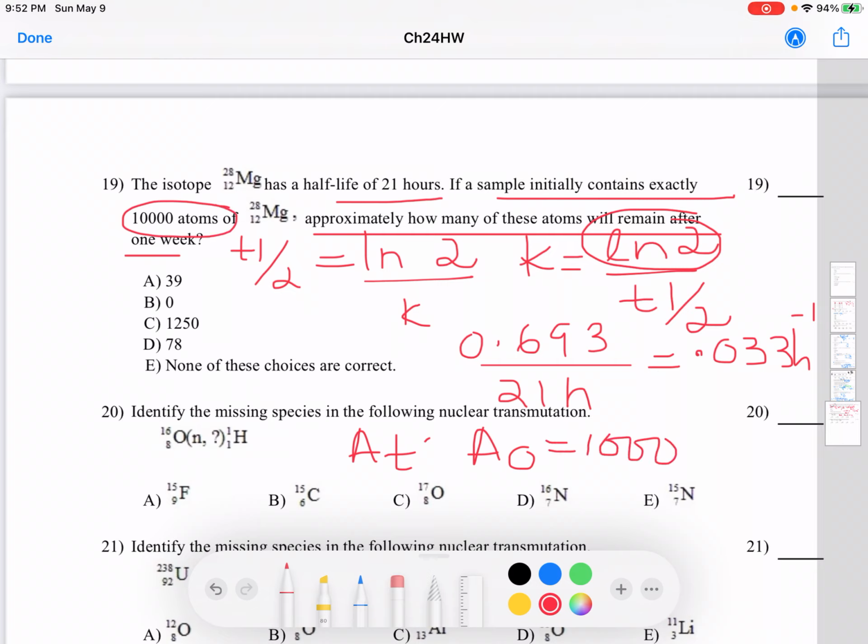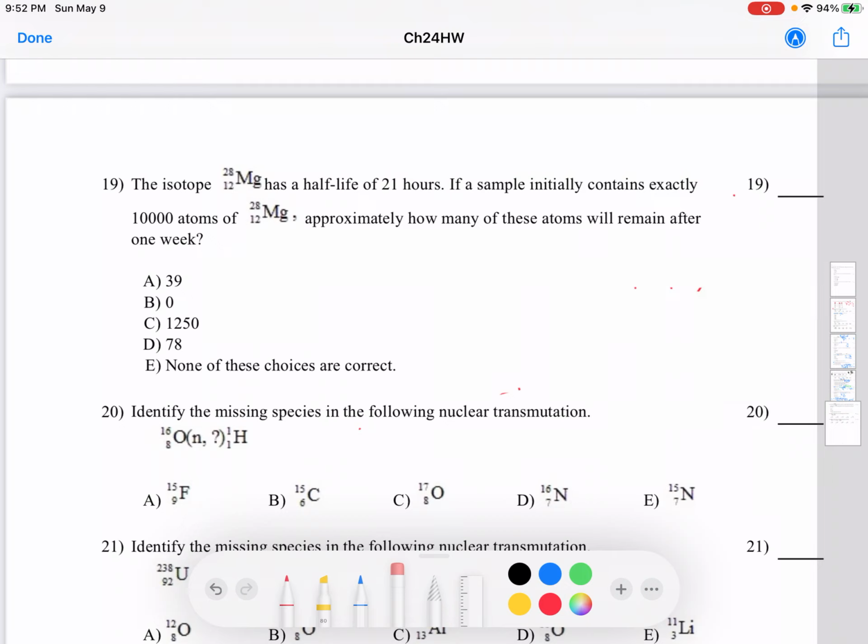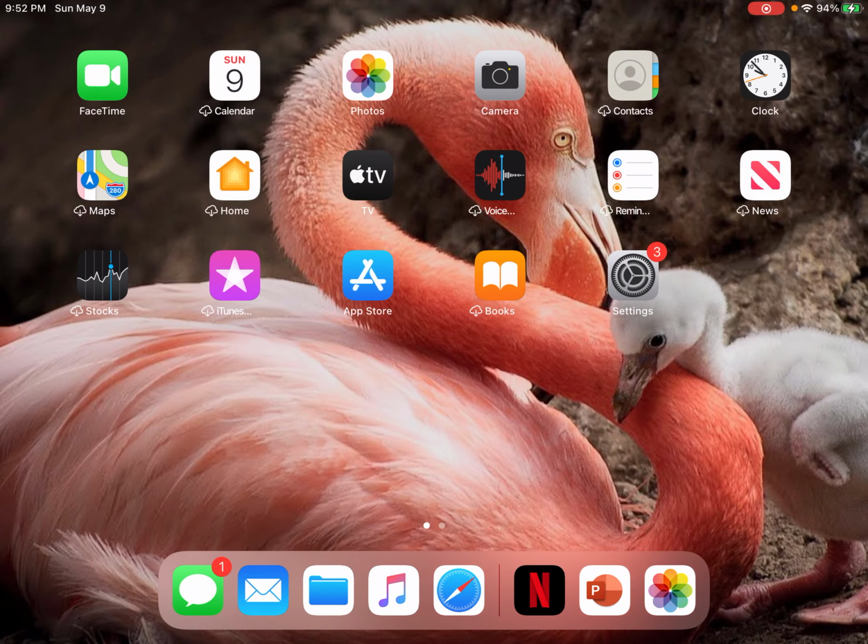What we want to find out is the At. Okay, so with that in mind, we can use the first order rate equation that I showed you. Which one do you think we can use? Let's go ahead and look back again here.